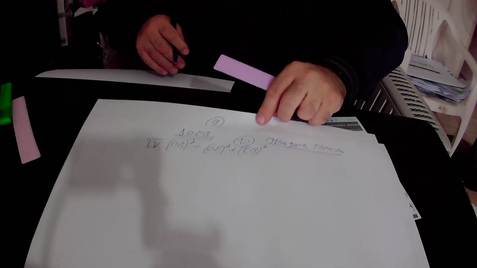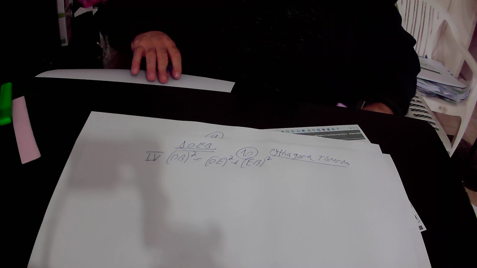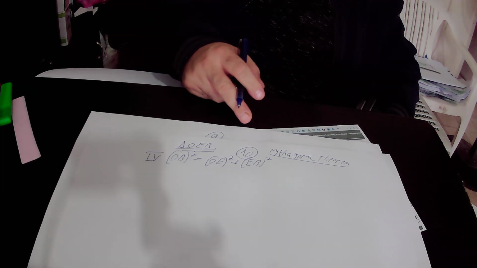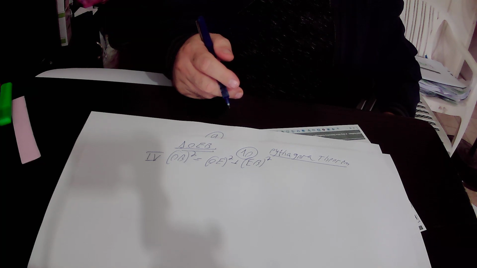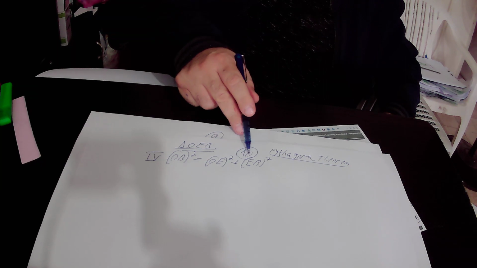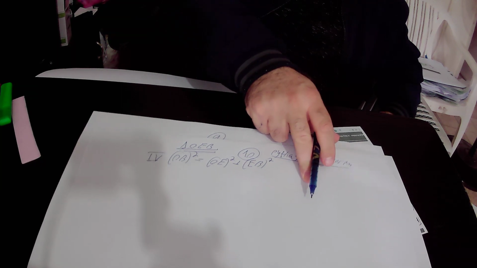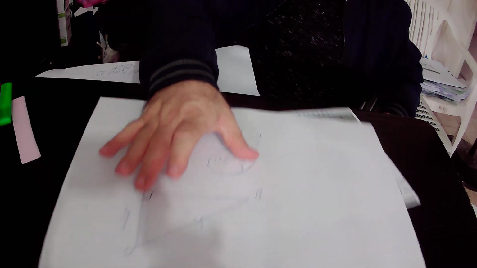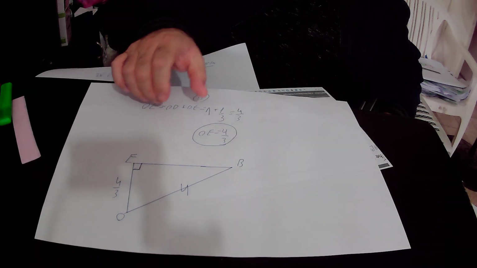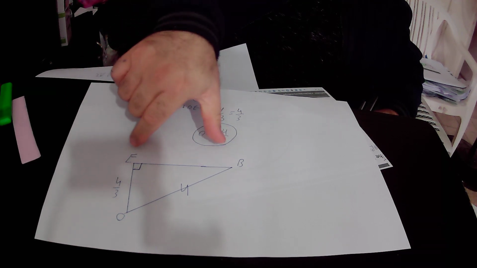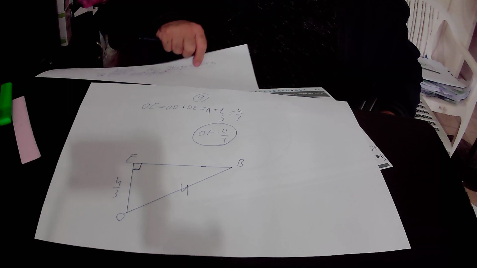In the right triangle OEB, according to the Pythagoras theorem, the square of the hypotenuse equals the sum of the squares of the perpendiculars, that is to say, OB square equals OE square plus EB square. Okay?